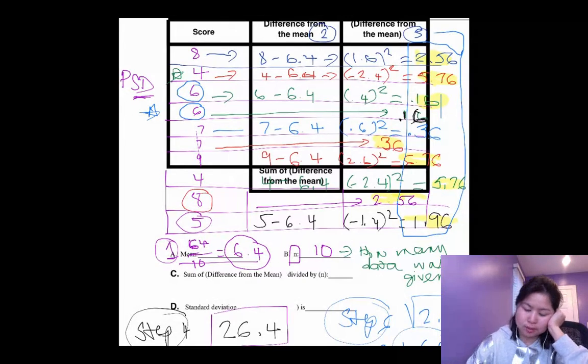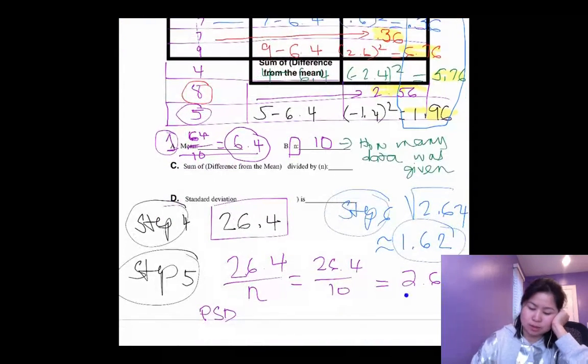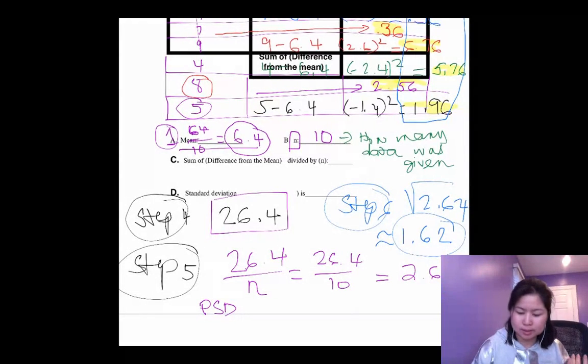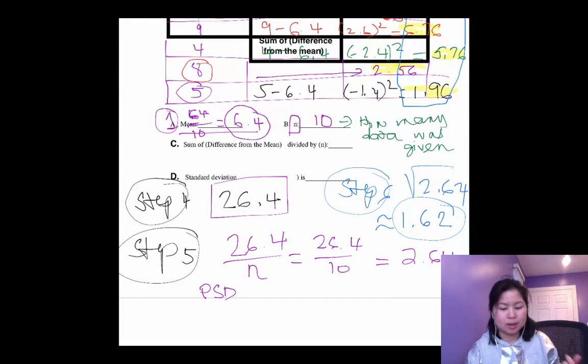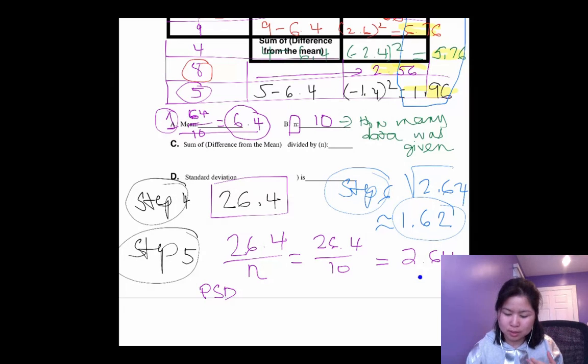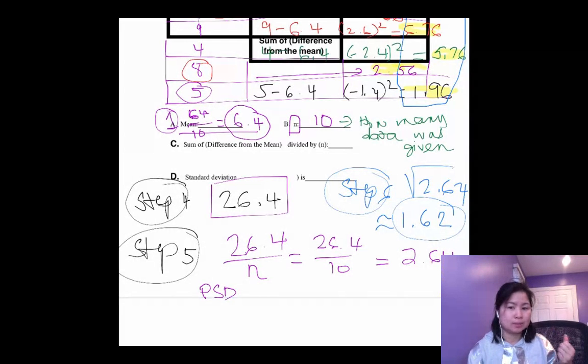How do I get step 6? Okay, so step 4, I add every number from step 3, which I got 26.4. Because I have 10 values, for step 5, I divide by 10, okay, which gives me 2.64. And then to do step 6, I took the value that I just divided by 10 right here.